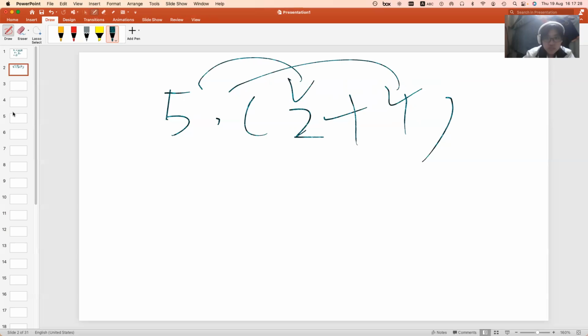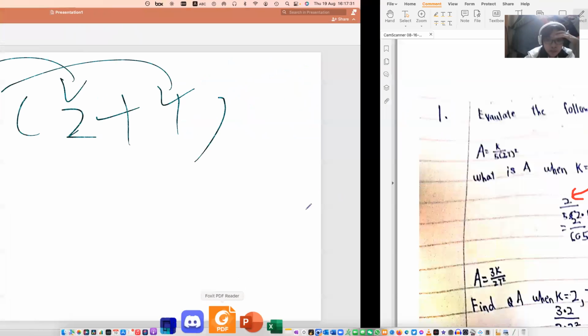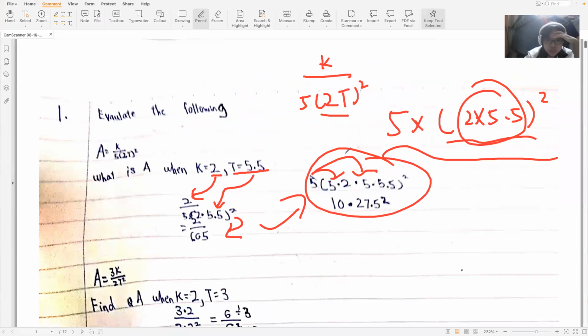So similarly, if you have this question, what's the question? This is the question. Why you go and open the bracket? I don't understand you. You could have simply done 5 times, just now what you said, 2 times 5.5. What is 2 times 5.5? 11. 11.